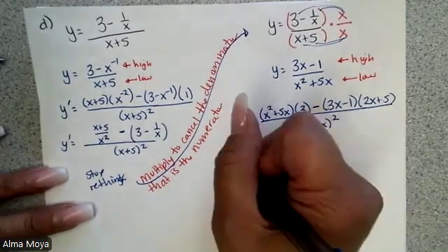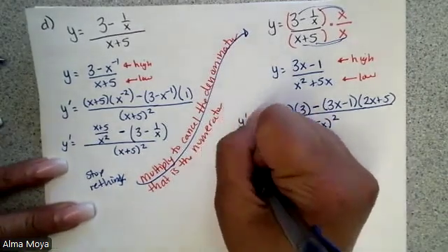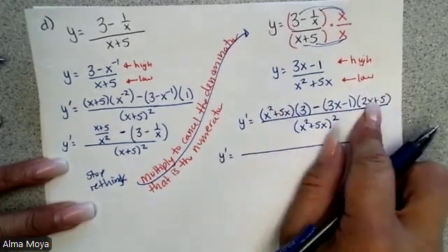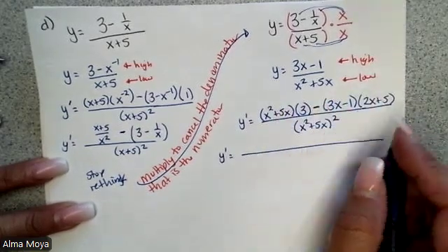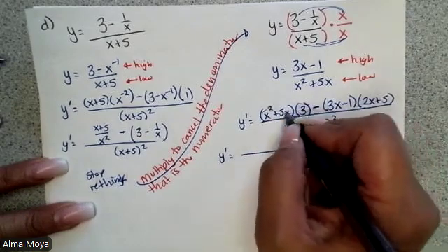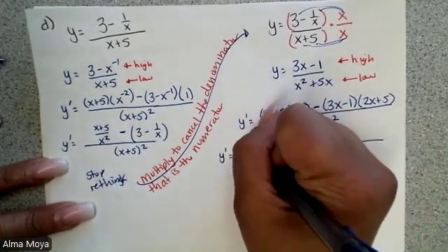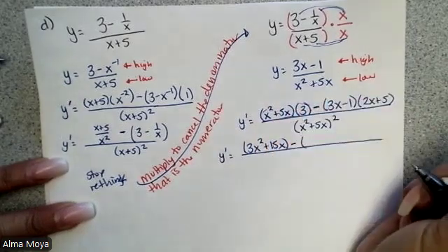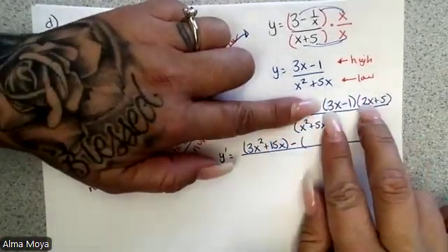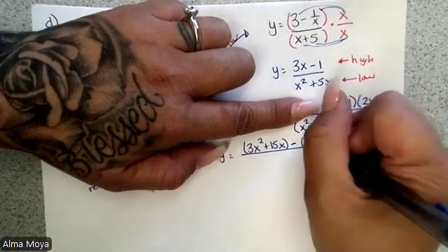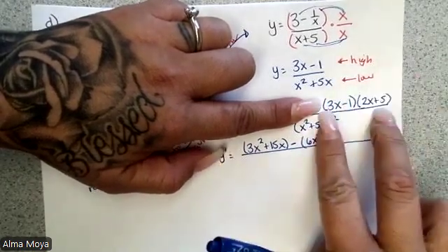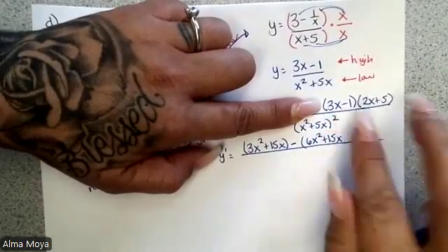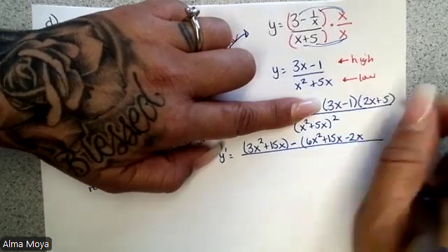Now let's go ahead and simplify the numerator. I'm going to simplify this part and then simplify this part, and then I'll distribute the negative after. So right here, I have 3x squared plus 15x. And then here I have 3x times 2x, which is 6x squared. 3x times 5 is 15x. Negative 1 times 2x is negative 2x.